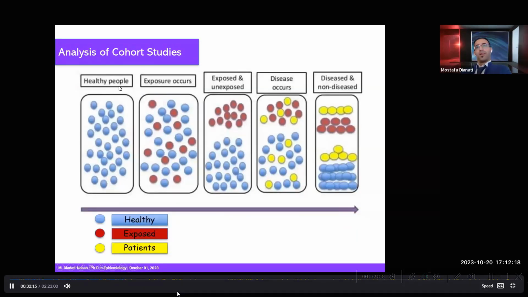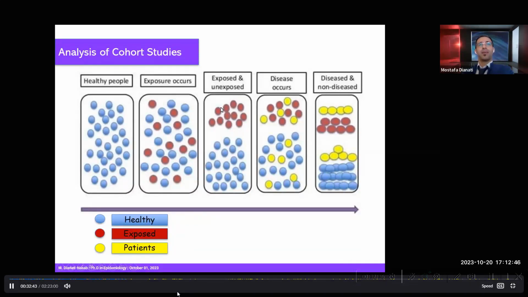Okay. I really like this slide because it shows how a cohort study can be done. You have healthy people, and then among these healthy people, some of them have exposure to, for example, cigarettes or air pollution, and the others may not have.